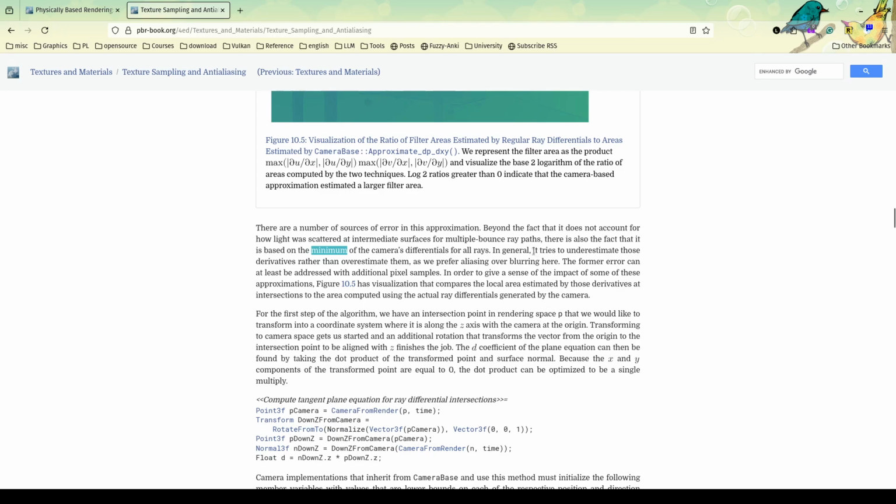It tries to underestimate those derivatives rather than overestimate them, as we prefer aliasing over blurring here. The former error can be addressed with additional pixel samples.